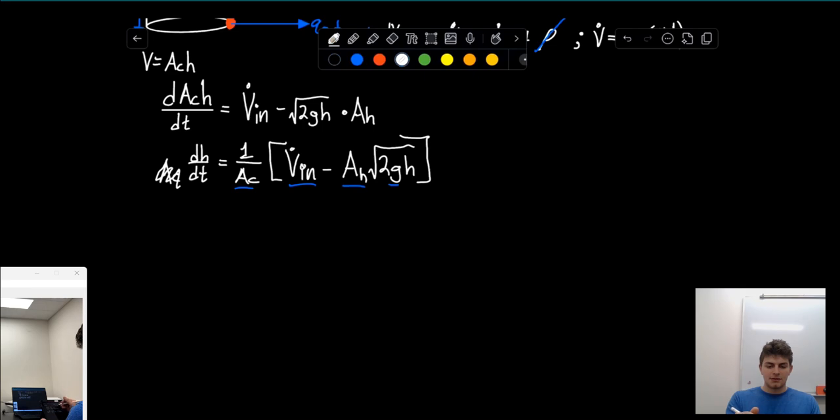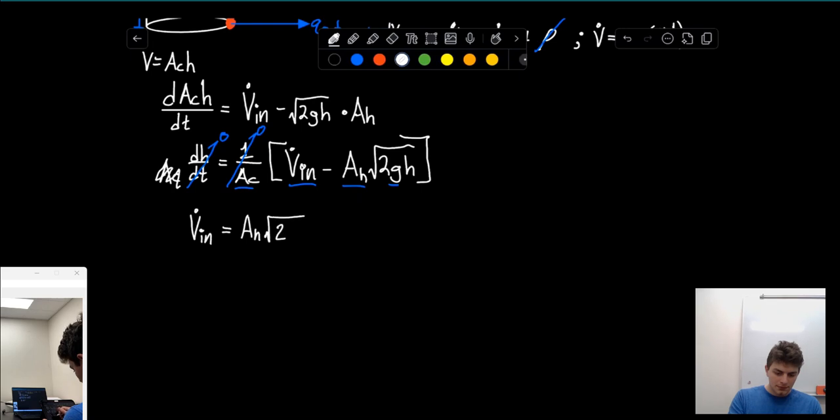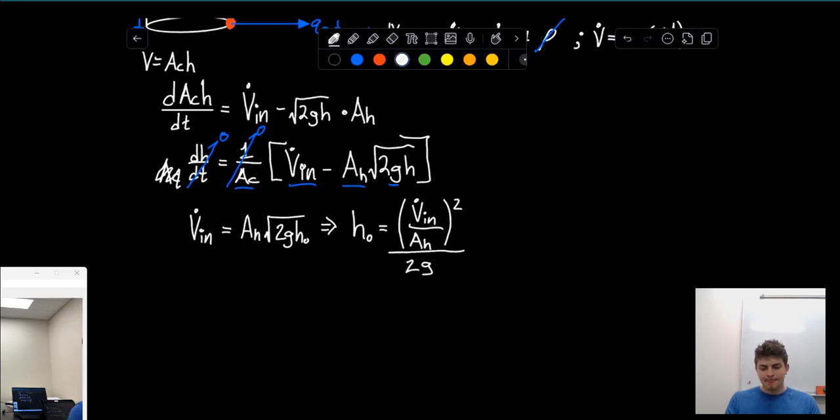During steady state, our change is going to be equal to 0, and we could also lose our cross-sectional area term, which means that what's coming in is equal to what's going out. Which implies that h naught, I'm denoting it that as the initial condition, is going to be equal to V dot in over the area of the hole, squared, divided by 2 times g. All of those are given values, so that is an appropriate way to find our initial steady state.